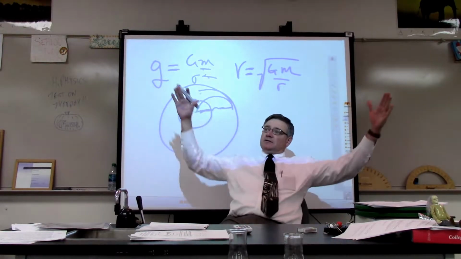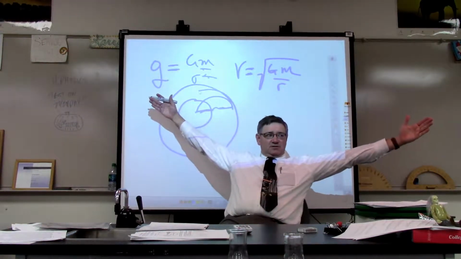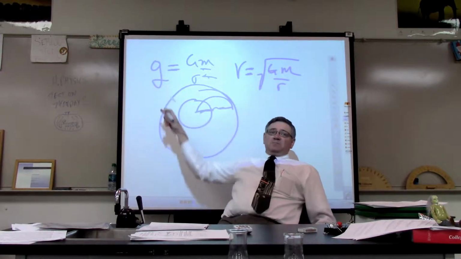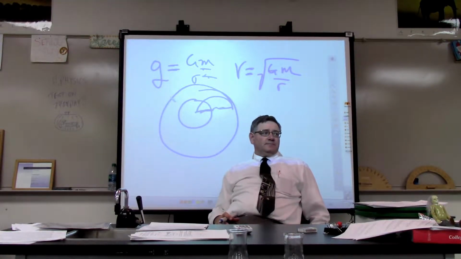Same mass, but I've doubled the size of the Earth. What's that going to do to my value of g? Multiply it by 4, so g would become 4 times greater. Yeah, the reciprocal of 4, of course. 4 times less. Why, Kendra? Because it's at the bottom of the fraction and it's squared.